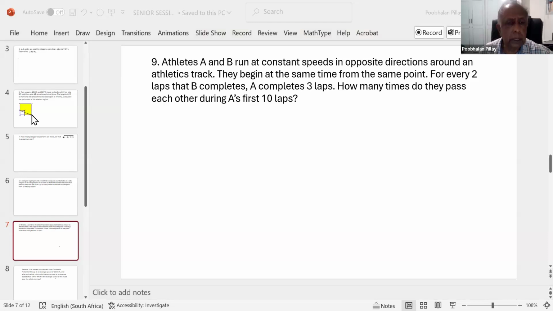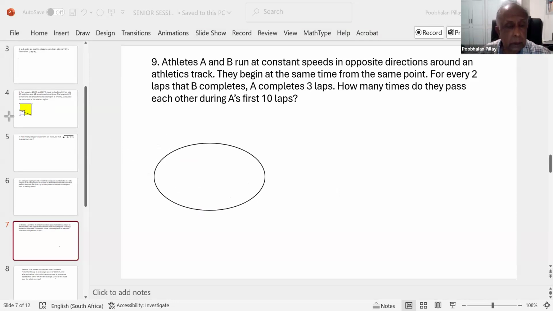The tracks are usually kind of circular or elliptical or whatever. Let's just draw, oh, I can draw a nice ellipse here. I think it's elliptical. So you've got these guys, they are traveling at constant speeds in opposite directions.